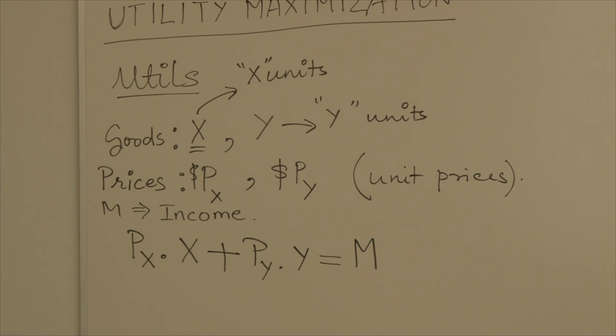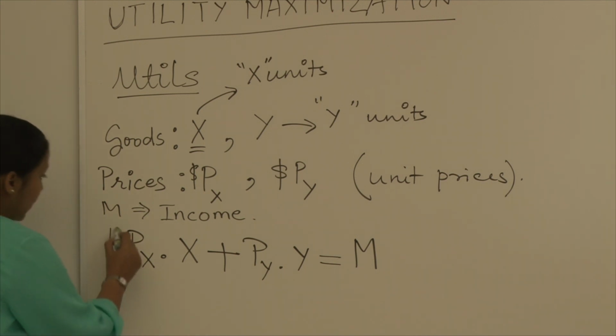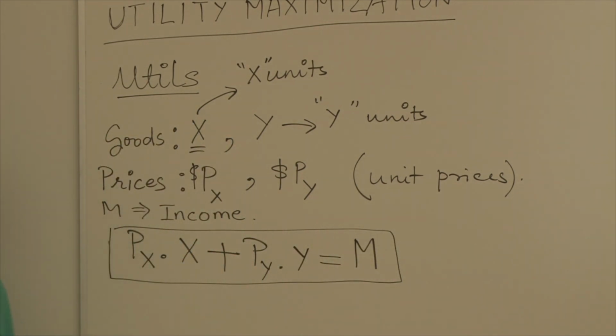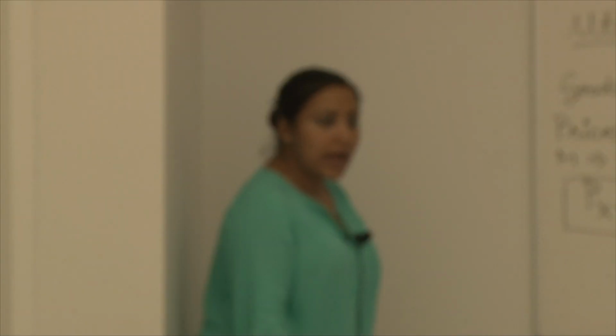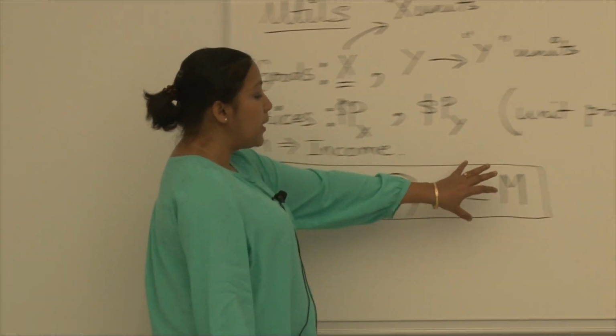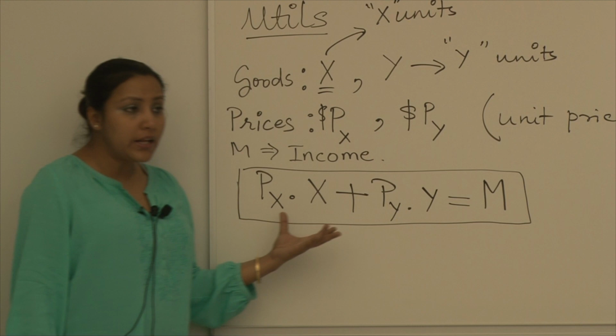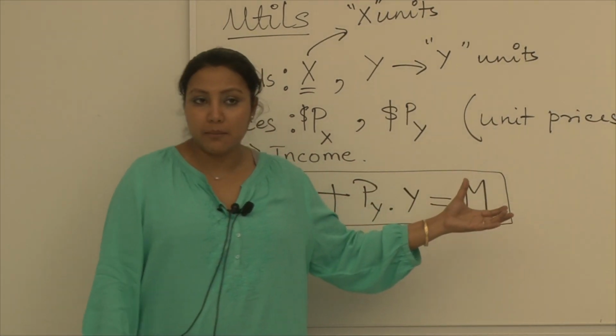Now, please note that this equation that we have right here is kind of a constrained equation. What do I mean by constrained equation? It means that it is constrained by something on the right hand side. That means the left hand side value cannot exceed capital M, isn't it?